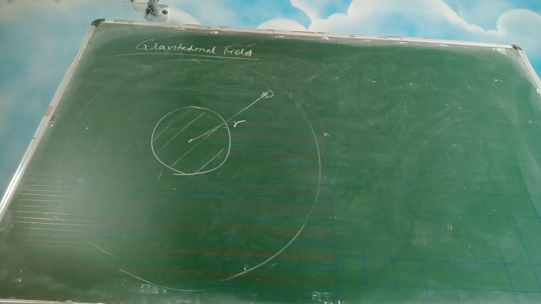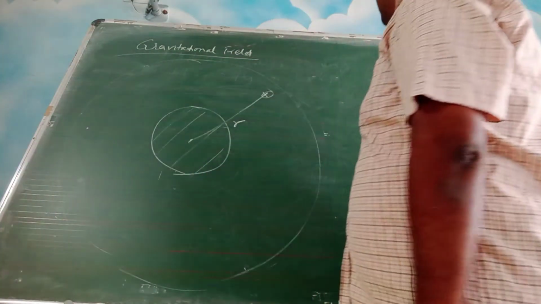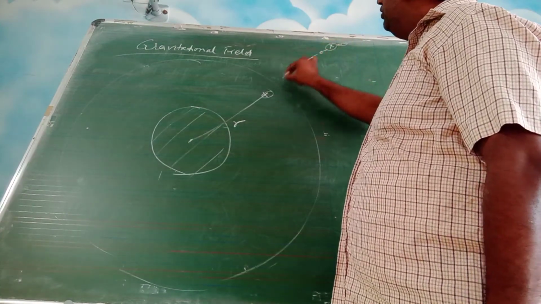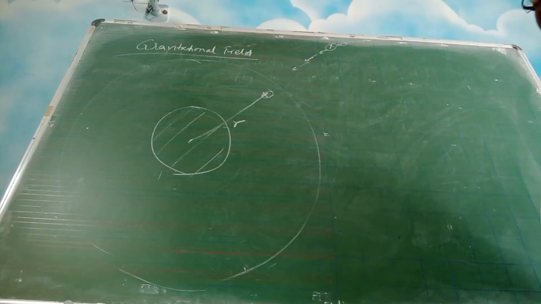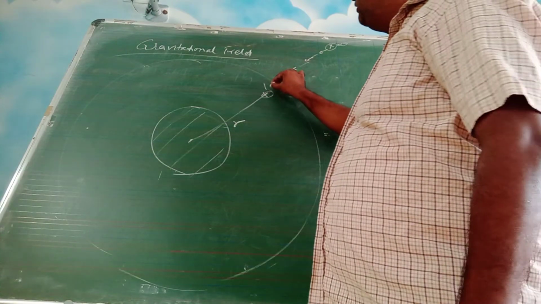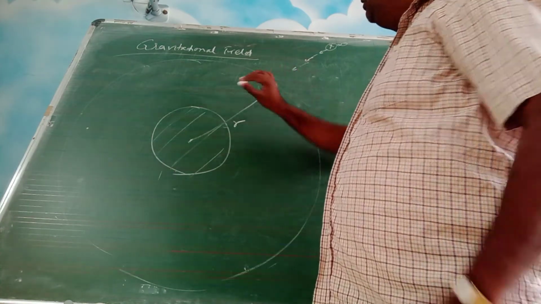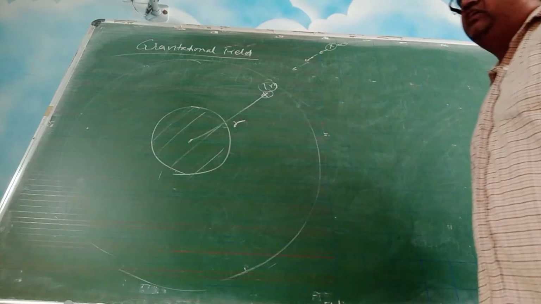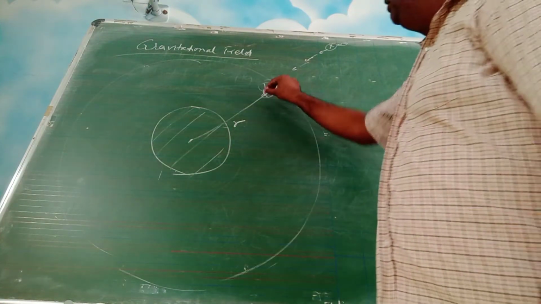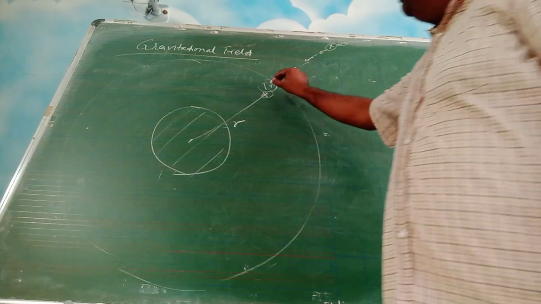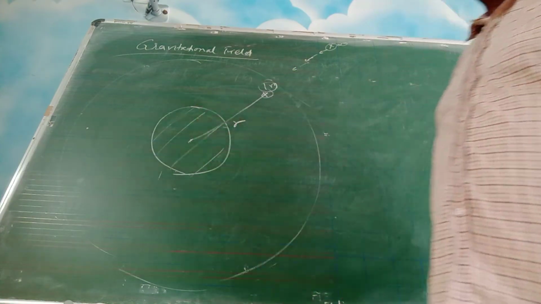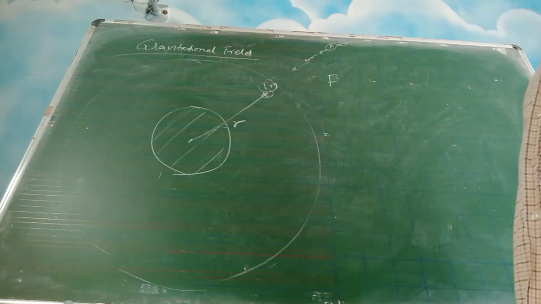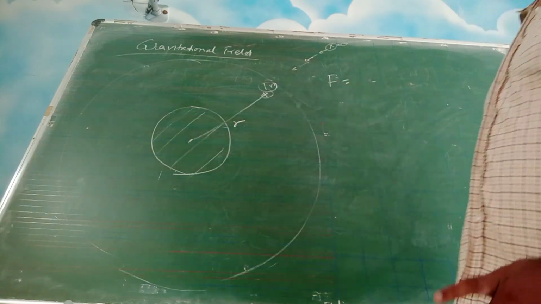While discussing potential from infinity, we had a unit mass. Imagine a unit mass at this point, at distance r from the center of the earth. Between this unit mass and the earth, what is the gravitational force? It is one method of finding it out.